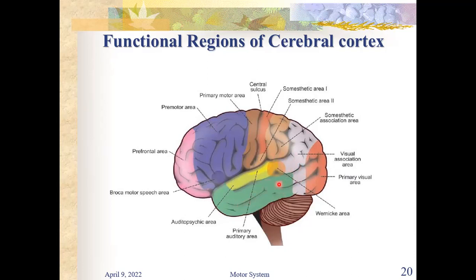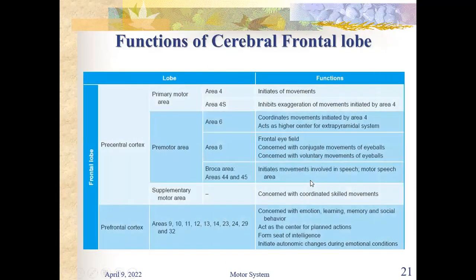So you also have other functional parts of the cerebral cortex. This is the left cerebral hemisphere, and these are the functional parts there for you to see. So these are the functions of the cerebral frontal lobe. You can see the prefrontal cortex is here. You can see the precentral cortex is here, which has the primary motor area, the premotor area, and the supplementary motor area.